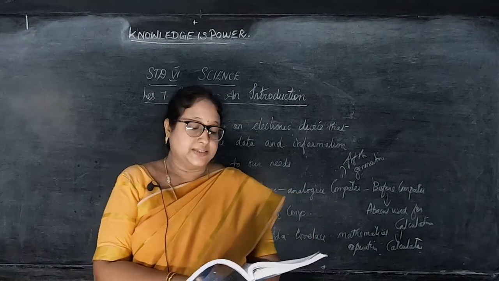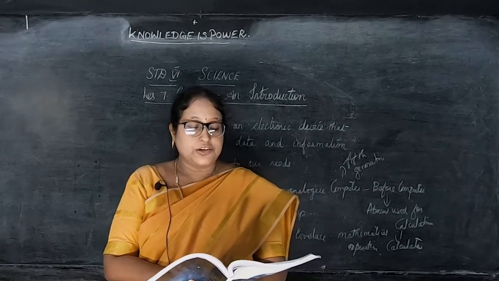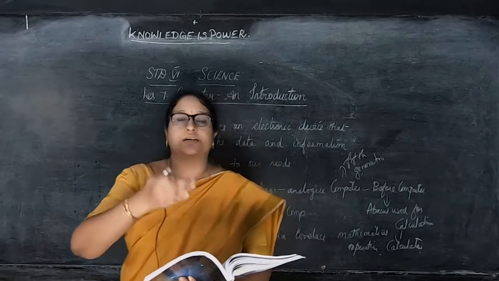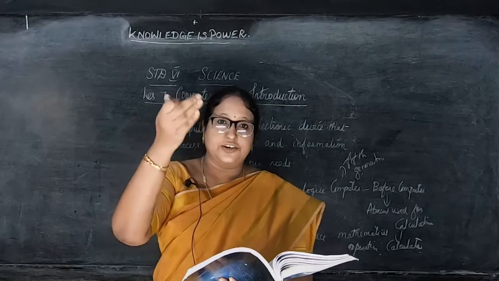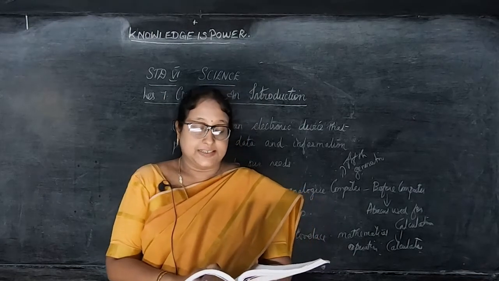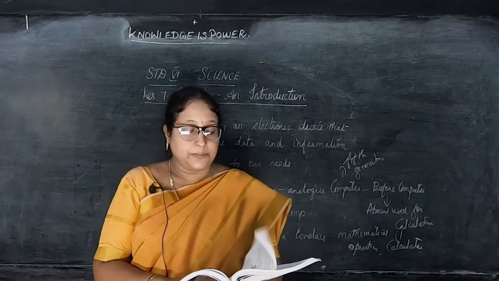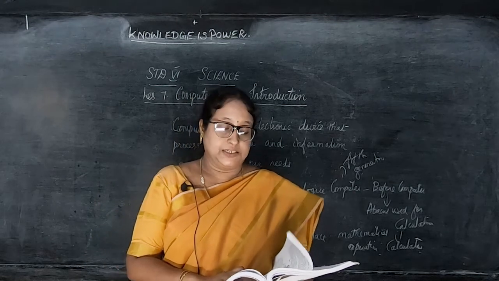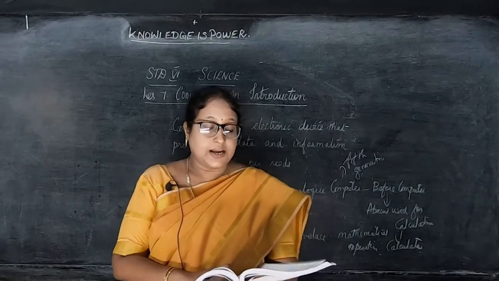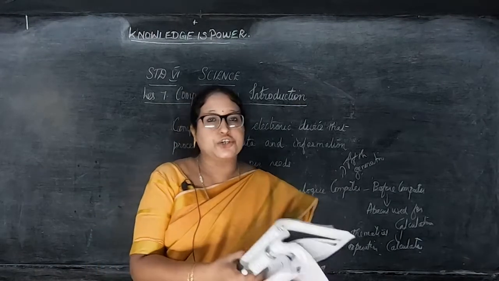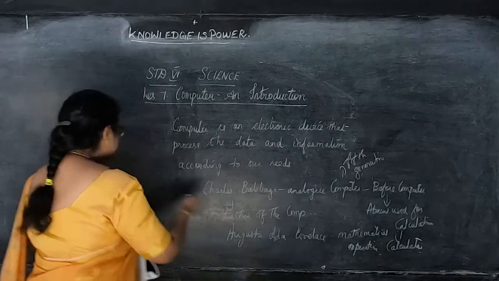Nancy said, oh, were there 4 more generations before this? The teacher said, yes, Nancy, you are correct. Siva asked, sir, can you explain the 5 generations to us? The teacher said, in first generation computers, they used the vacuum tube.